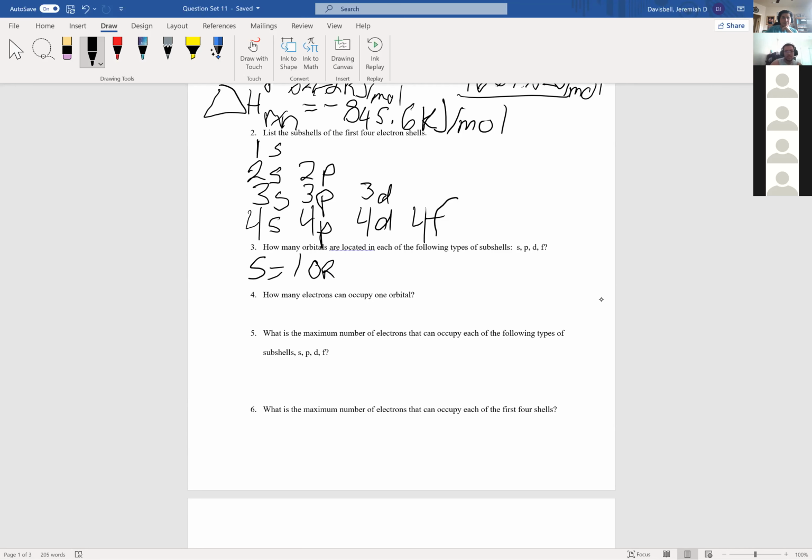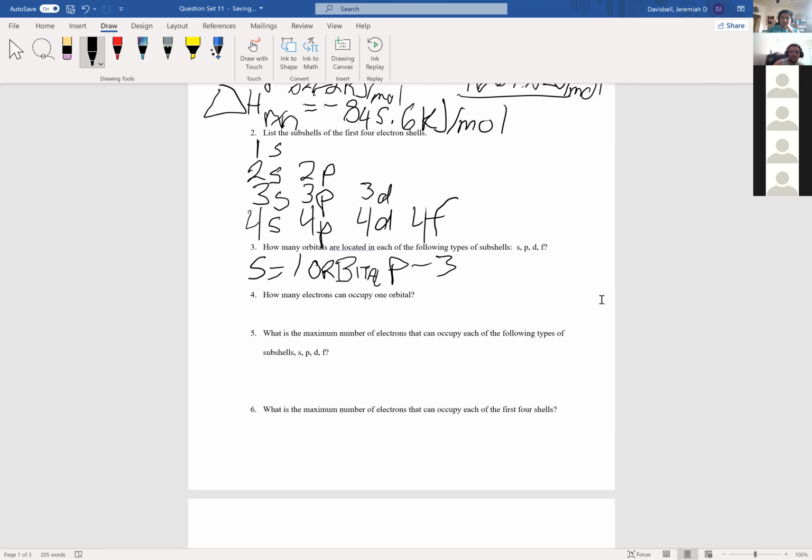So with this in mind, what about the p orbital or p subshell? Is it 3? It's 3, right? For the p subshell, it has 6 columns, 6 divided by 2, because each orbital will have 2 electrons.